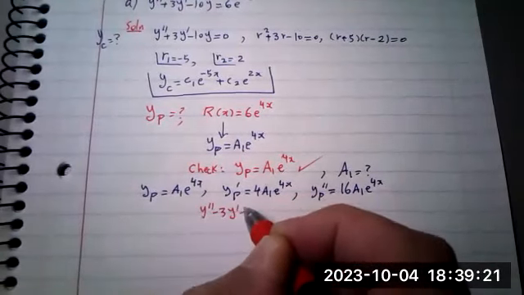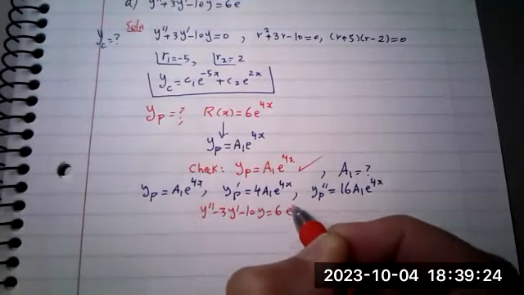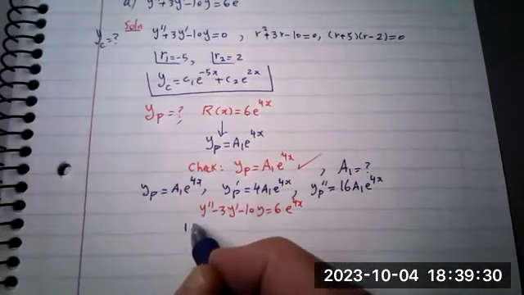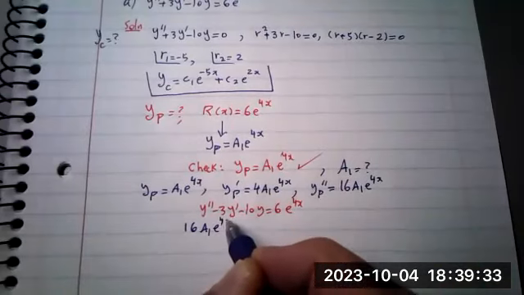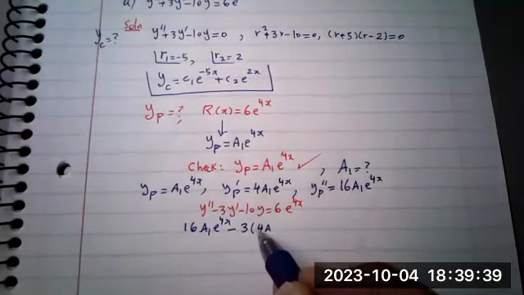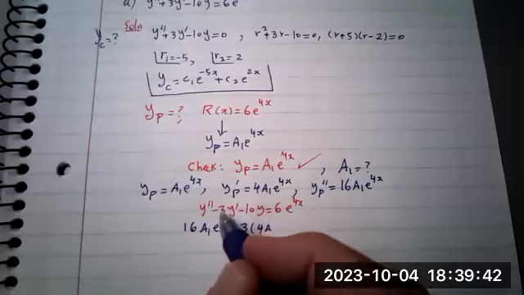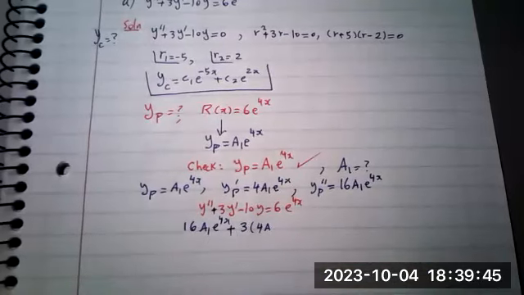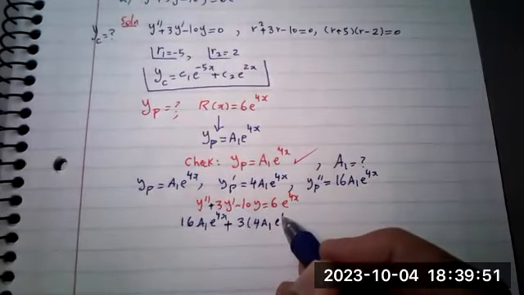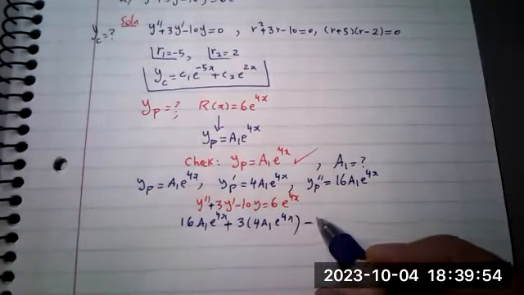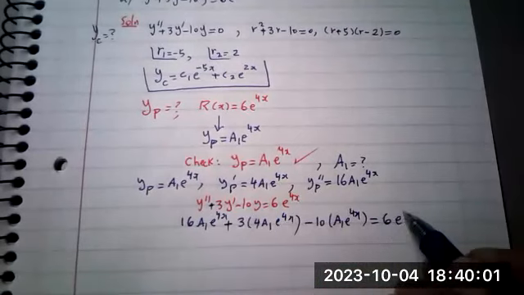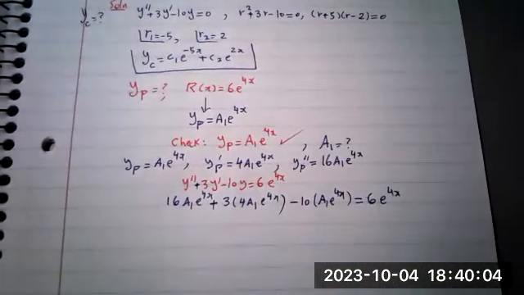So y double prime is 16 a1 e to the 4x, plus 3 times y prime, which is 4 a1 e to the 4x, minus 10y, which is 10 a1 e to the 4x, equals 6e to the 4x. Okay, that's it.